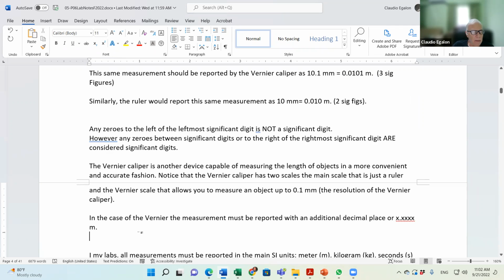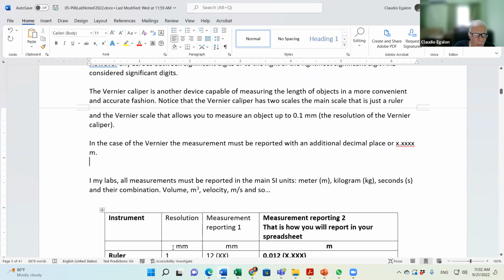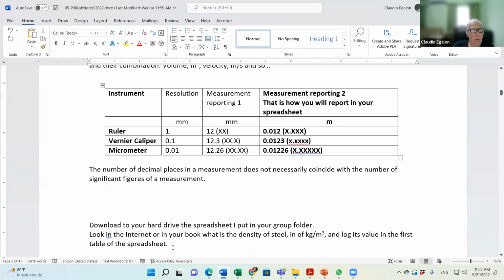So go ahead. Here's the table that I have for you as an example. Resolution for the ruler of 1 millimeter, resolution of the vernier caliper at tenths of a millimeter, resolution of the micrometer hundredth of a millimeter.